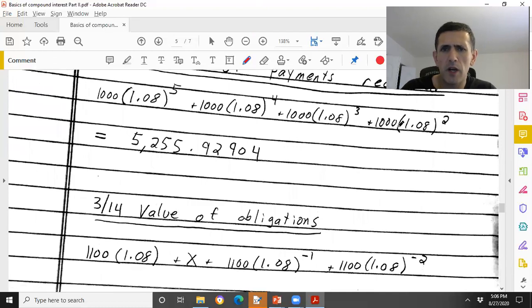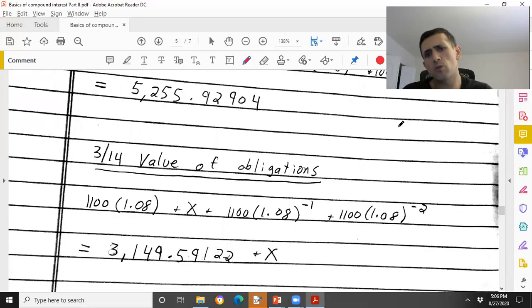And so that becomes, first 1100 again accrues 1 month of interest, 1100 times 1.08. The X doesn't accrue any interest. You don't discount it. The payment is made on the reference date. The 1100 is discounted by 1 month, so 1.08 to the -1. The last payment is discounted by 2 months, so it's 1.08 to the -2.